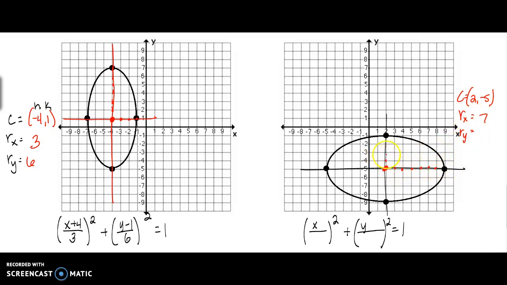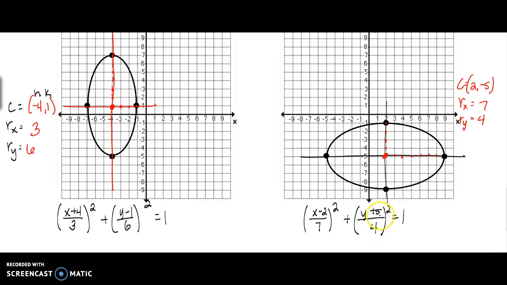And our y radius is 1, 2, 3, 4. So when we substitute this in, we would say x minus 2 and then y plus 5 because it's negative. Our x radius is 7, our y radius is 4, and you have now written your equation.